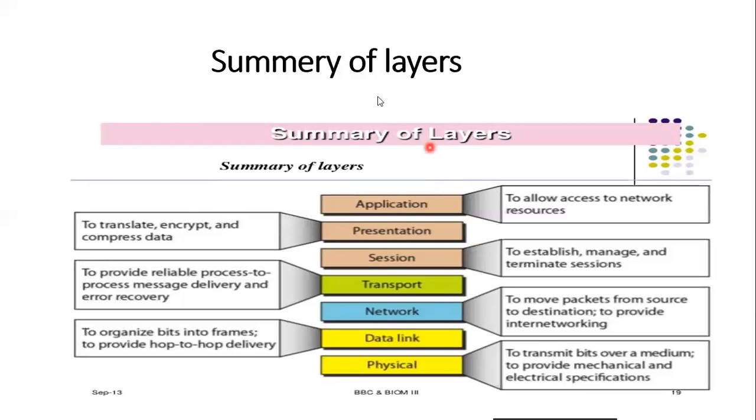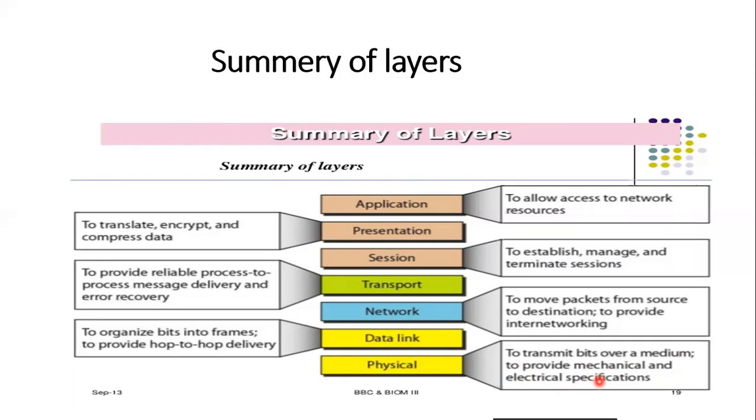So this is the summary of all the layers, physical to application. The function of the physical layer is to transmit the bits over the medium, whatever the medium may be, and to provide the mechanical and electrical specifications.